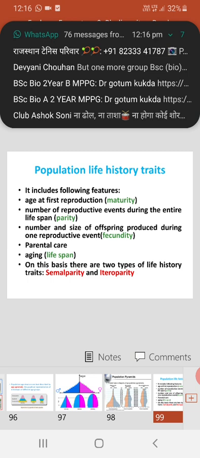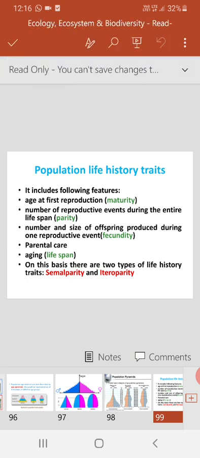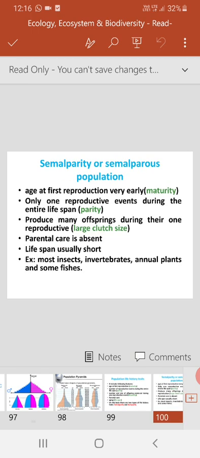So on these life history traits, populations can be classified as semelparous populations or iteroparous populations. Now, what is semelparity and what are semelparous populations? They have a very early age at first reproduction, meaning they put their maximum energy into a single reproduction, and this reproduction is very early.